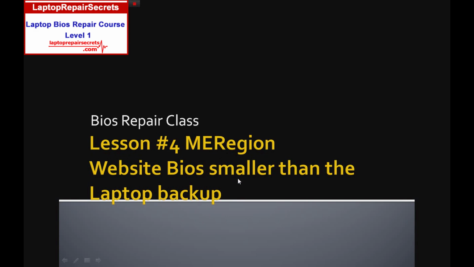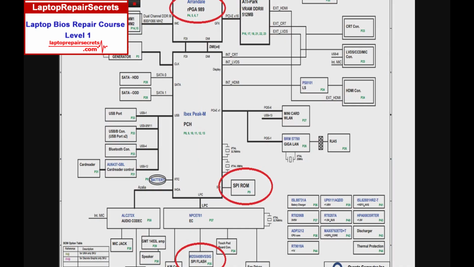As you know, we always start our lessons with the laptop schematic. For this lesson I will use the ASA 4739 Intel project. Here we can see the two BIOS, SPI ROM PCH BIOS and KBC BIOS, on page 9 and page 35.